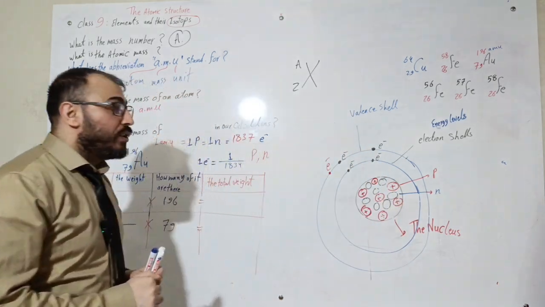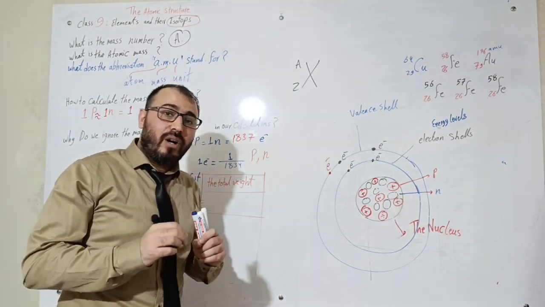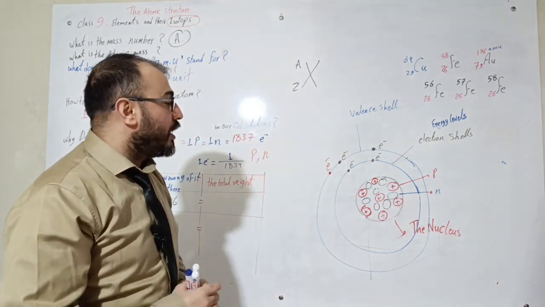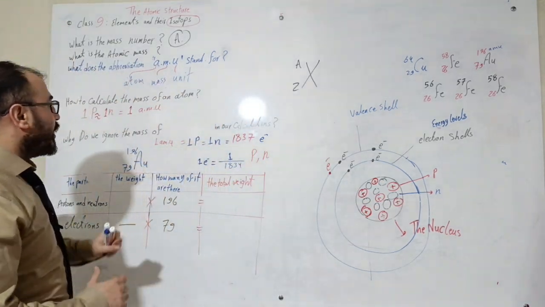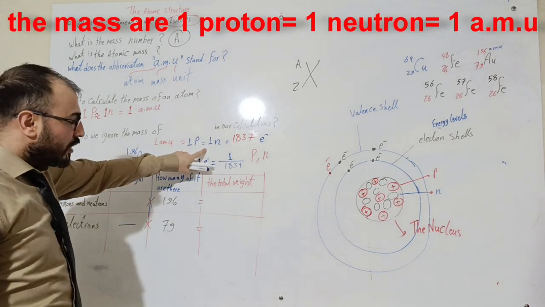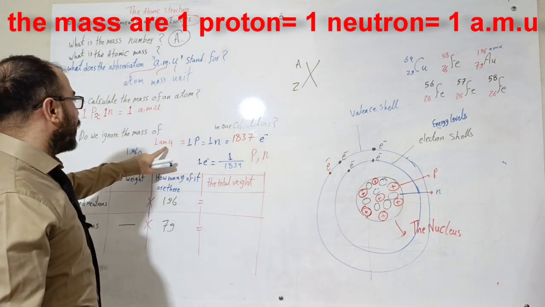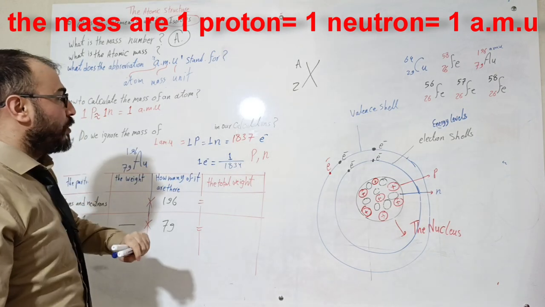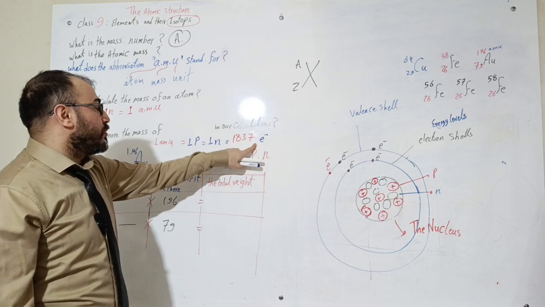First, let me tell you about the mass of every subatomic particle inside the atom. First of all, we said that the mass of one proton equals the mass of one neutron, approximately, of course, which is equal to 1 AMU. But what about electrons?